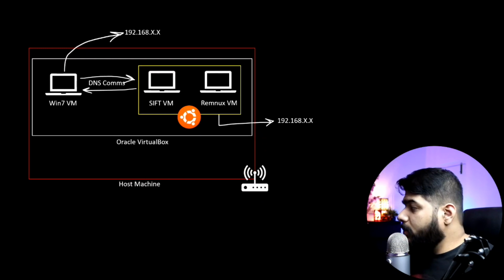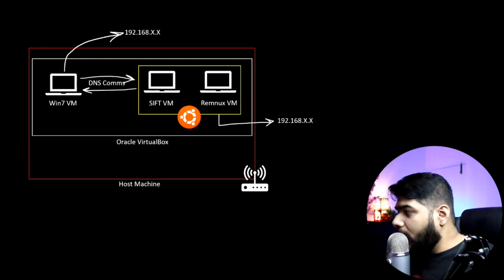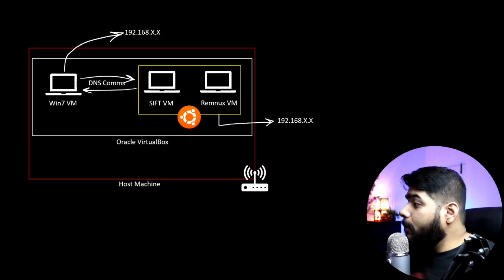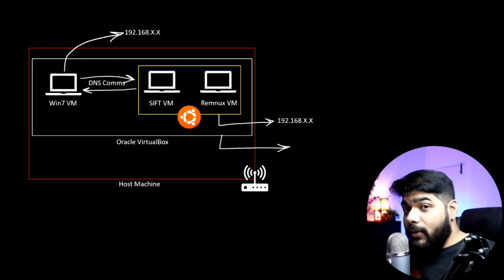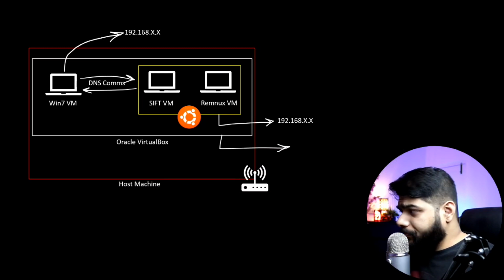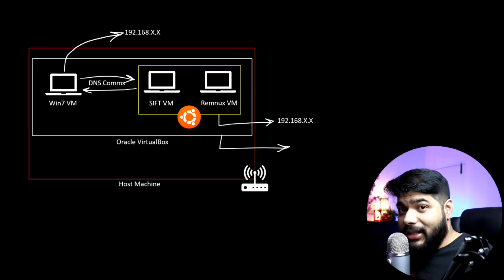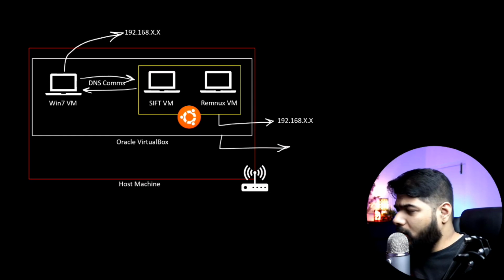My host machine will of course have Wi-Fi or internet connectivity, and while we install the packages and software, the Oracle VirtualBox will have internet connectivity, until we finish installing all the packages and software.